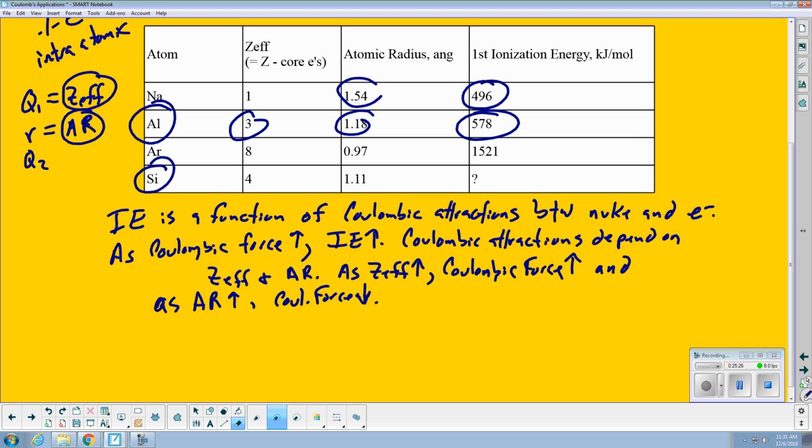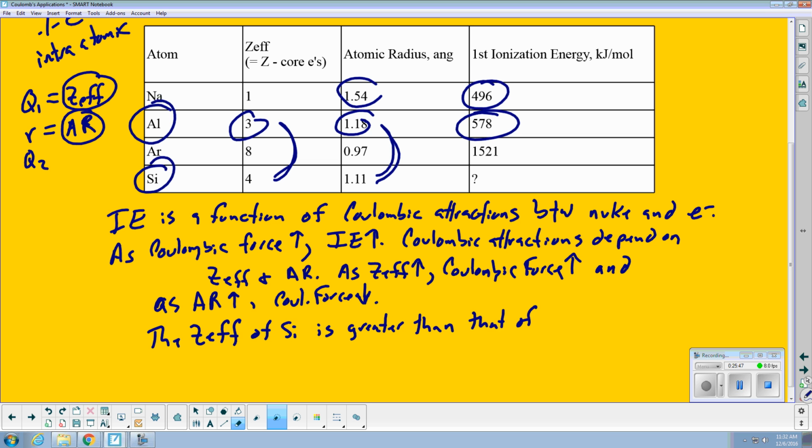All right, so now we're going to compare these two and these two. First of all, the Z effective of silicon is greater than that of aluminum, right? We're looking at 4 versus 3 for my Z effective.